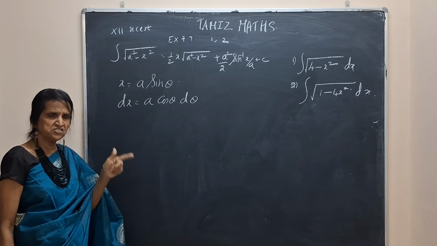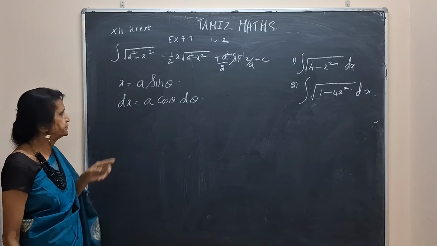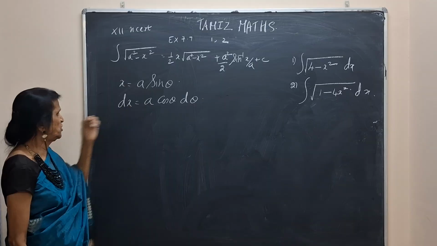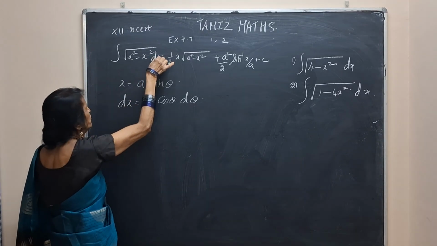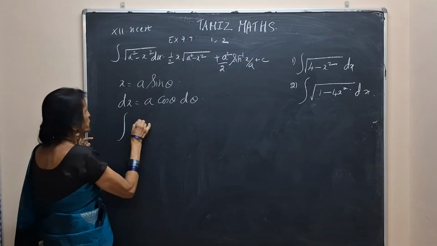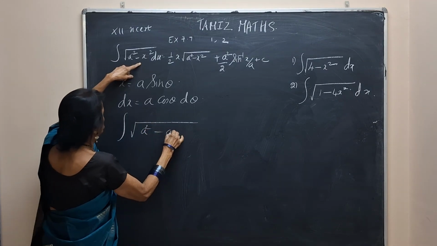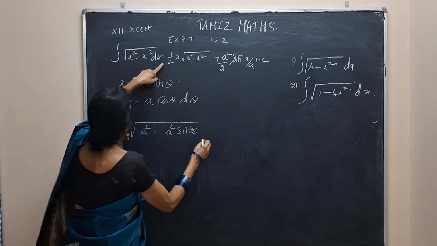But whenever a function and its co-function both work, we always take the function. Let x be a sin theta. So dx is a cos theta d theta. So this will be root of a square minus x square, and dx will be a cos theta d theta.